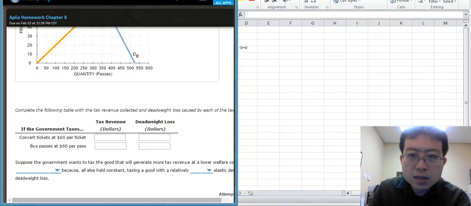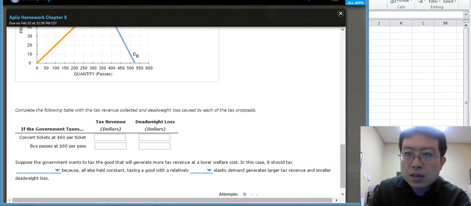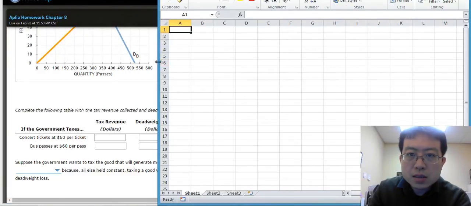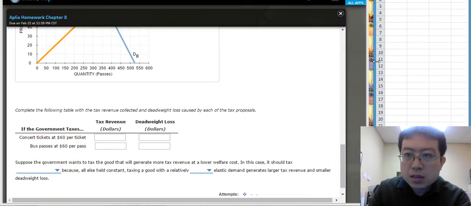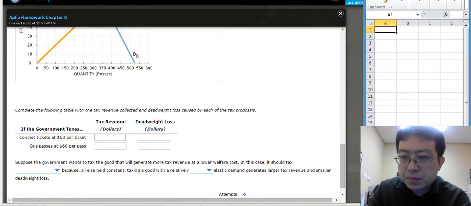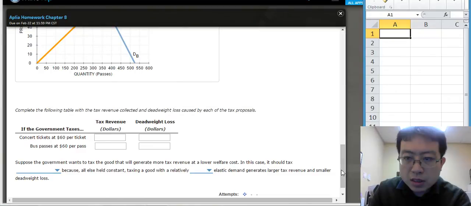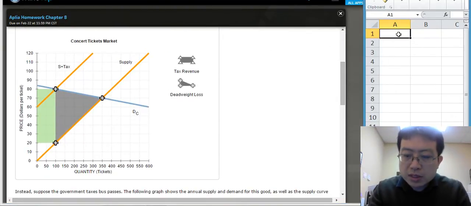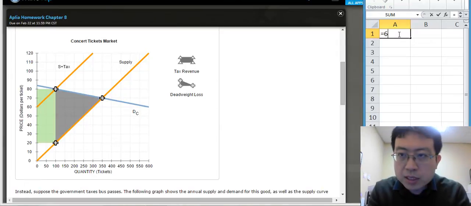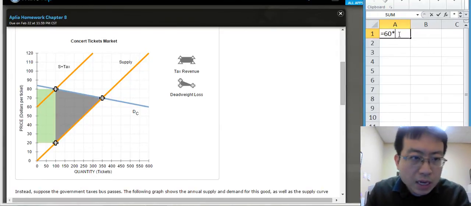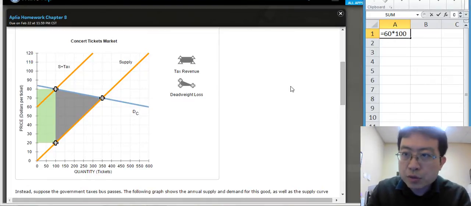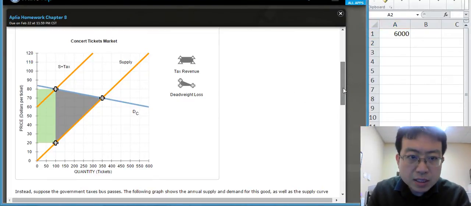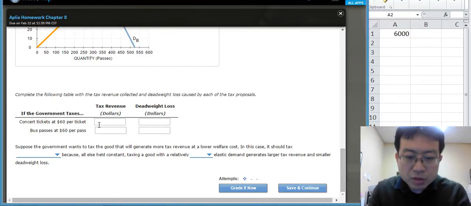Alright, here we go. So for concert tickets, with the tax rate at $60 per ticket times our quantity, which is 100, the total revenue will be 6,000. So 6,000 for tax revenue.